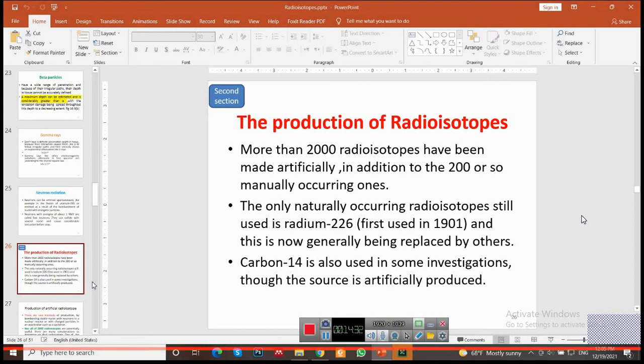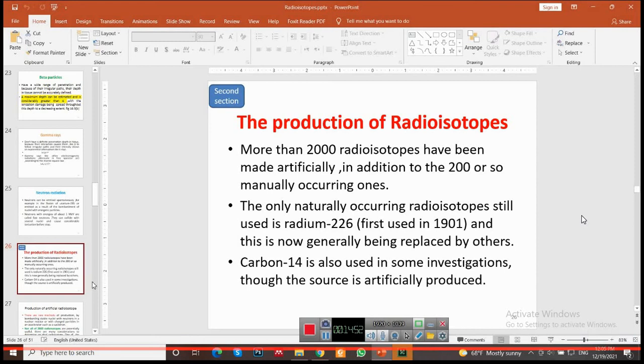In medicine, it is not possible to use this radionuclide because its half-life is very long. Inevitably, we must use artificial radioisotopes.